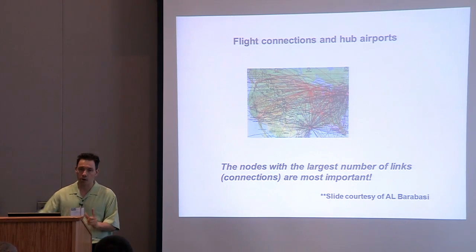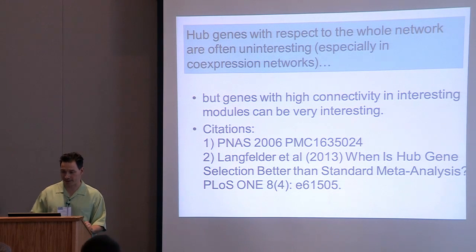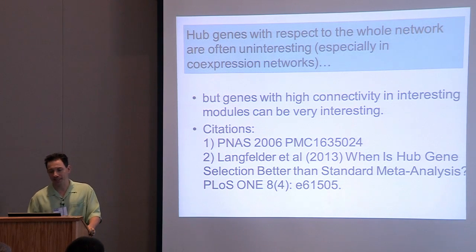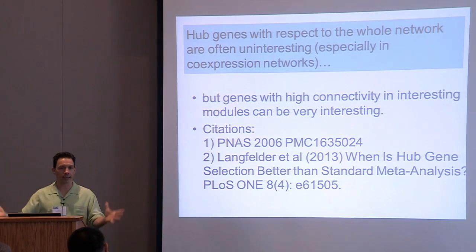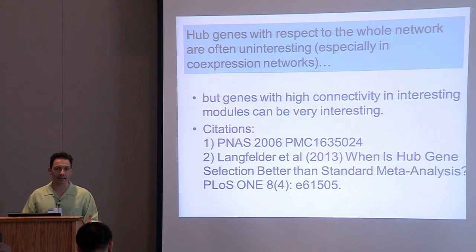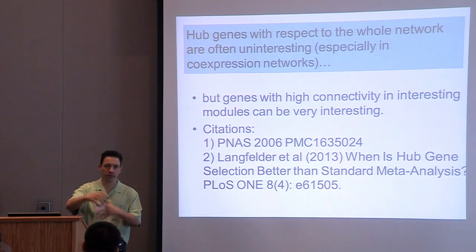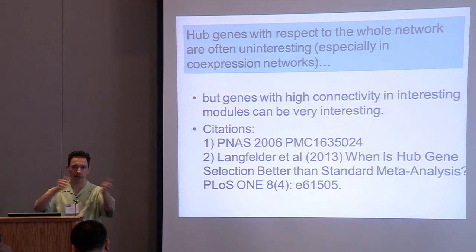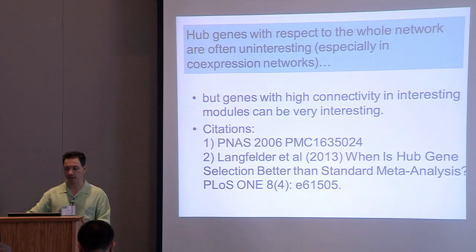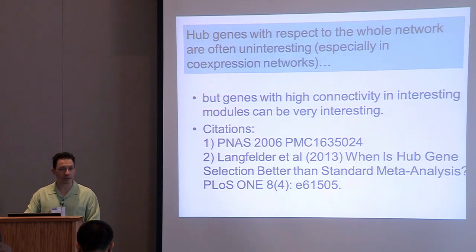There's only one problem. It's wrong. Hub genes with respect to the whole network are typically utterly uninteresting. If you have 50,000 transcripts, you form a network, among those you find the hubs, look them up, and you will yawn.